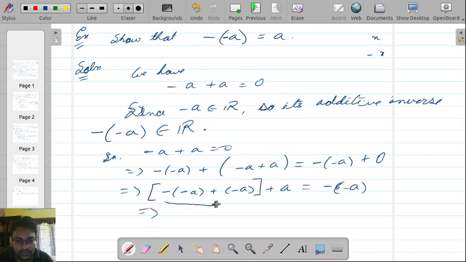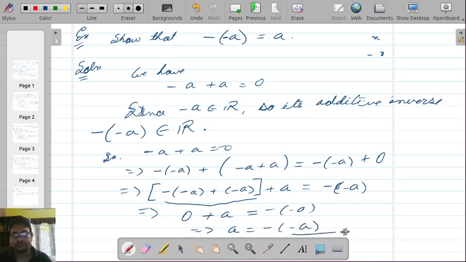But what is this? By our field axiom, this is 0. So 0 plus a equal to minus of minus a. So this means a is the same as minus of minus a. So we have already proved this: a is equal to minus of minus a.